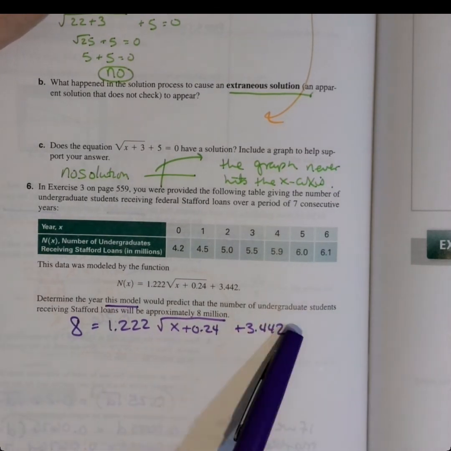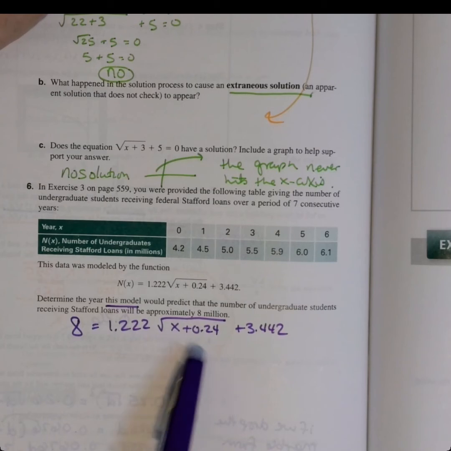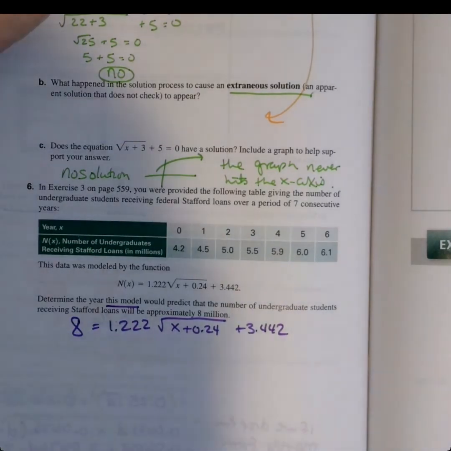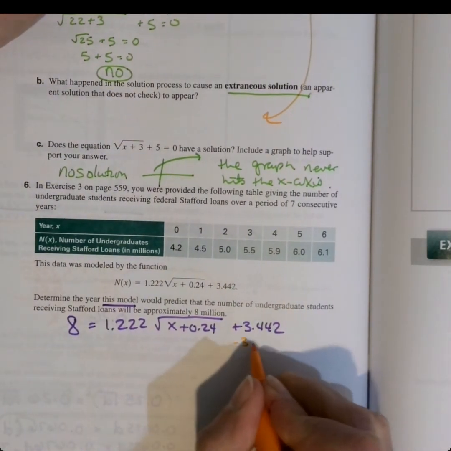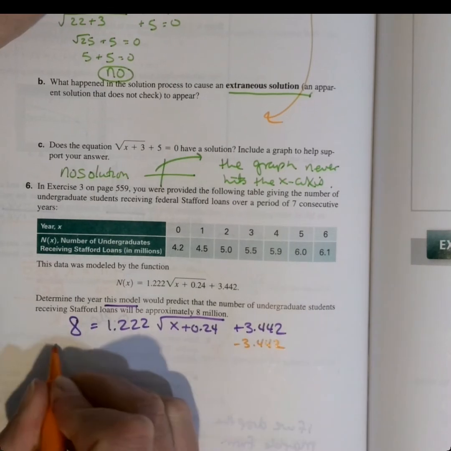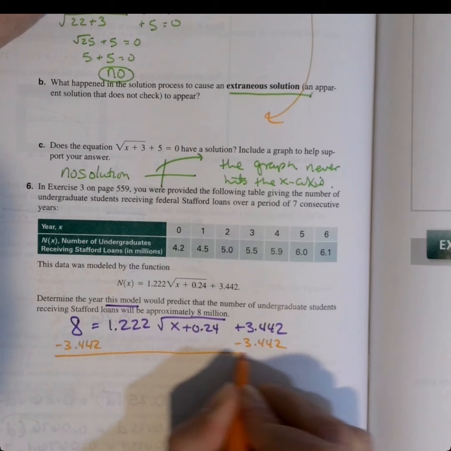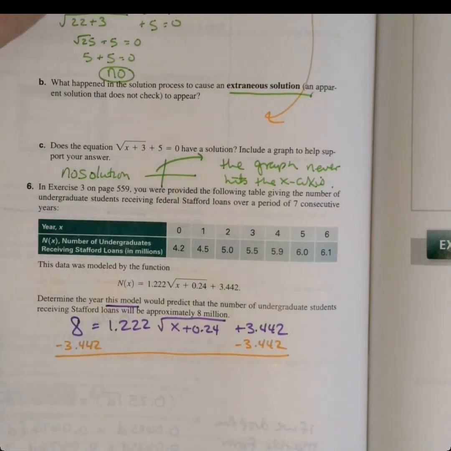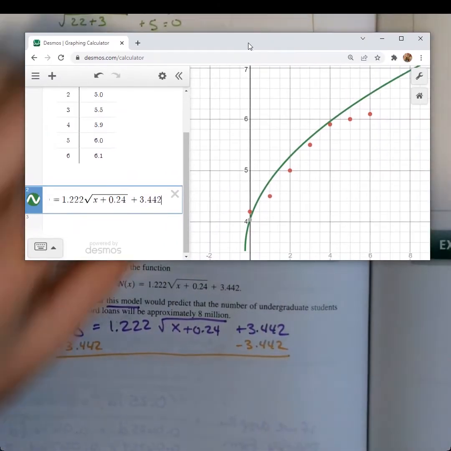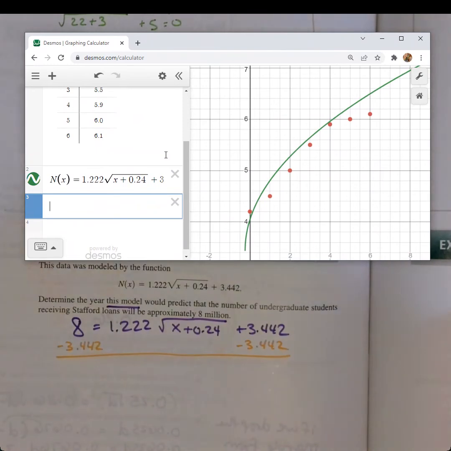Okay, so when I want to solve this, I've got to get my square root term by itself. So I absolutely must subtract off this 3.442 first. I've got to get rid of that term because it is not part of the square root term.